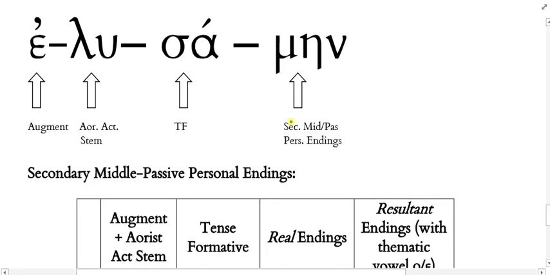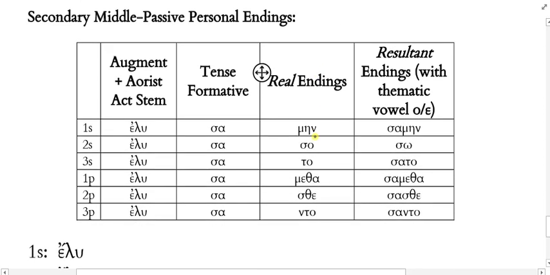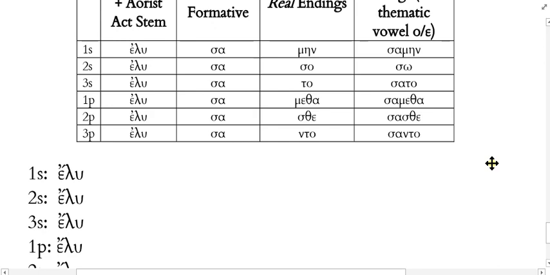Okay? So, a little visual. So here's our movable parts, right? The augment, the aorist active stem, tense formative, no connecting vowel slot, because we don't need one, and then the secondary middle passive personal endings. So let us look at these forms here, okay?